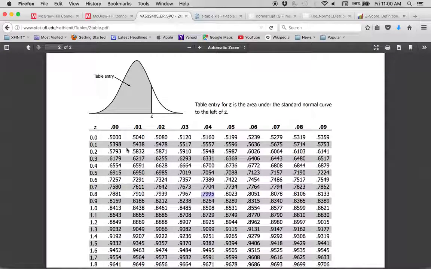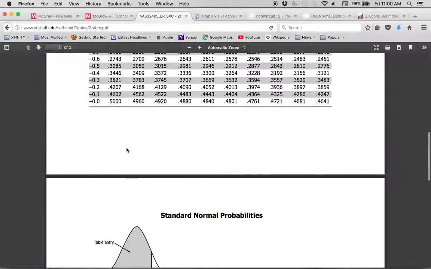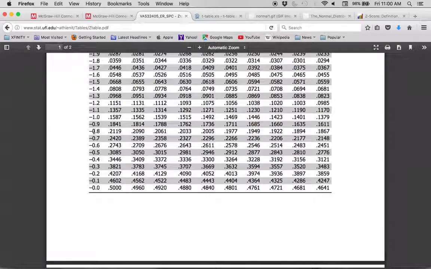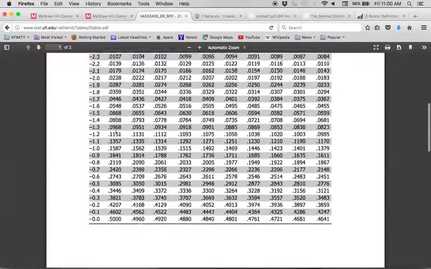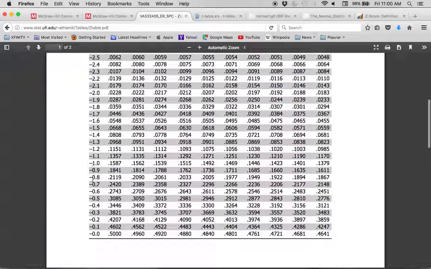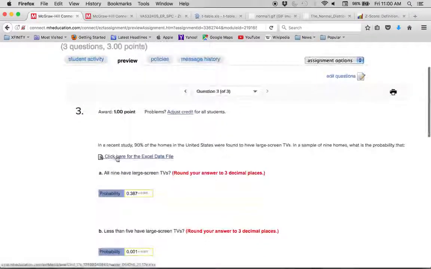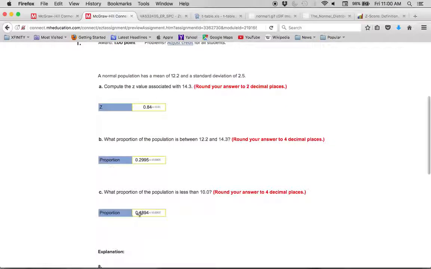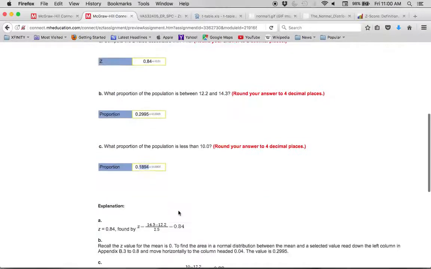We go to our z-table, negative 0.8, and we can't really see the top there, but 0, 1, 2, 3, 4, 5, 6, 7, 8, right here. So 0.1894, that should be the answer. 0.1894, good. All right.